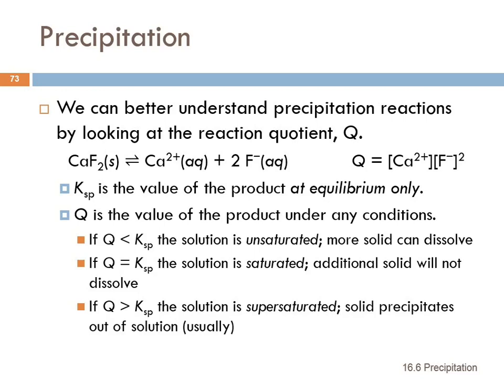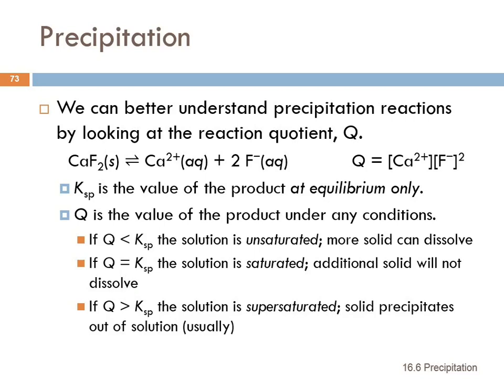So remember that Q helps us to predict what direction a reaction will go in. If we find that Q is less than KSP, that means that the solution is unsaturated and more solid can dissolve. If Q is equal to KSP, we have a saturated solution.